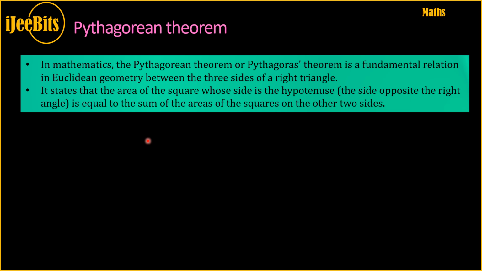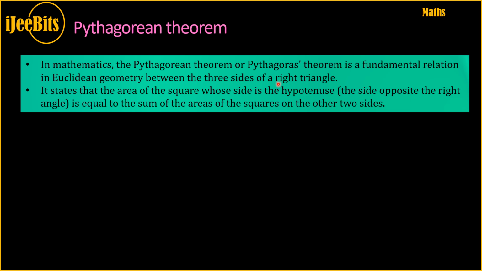Okay, another concept that we need to learn or should know is the Pythagoras theorem. Sometimes we call it Pythagorean or the Pythagoras. Sounds like a familiar word, right? As per this theorem, it describes the fundamental relationship in Euclidean geometry between the three sides of a triangle.